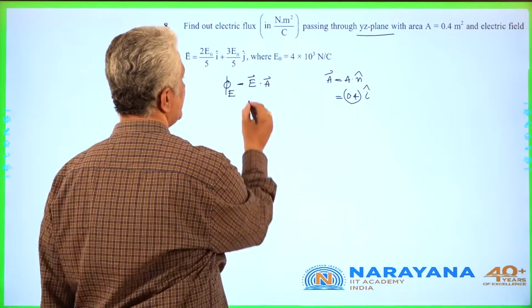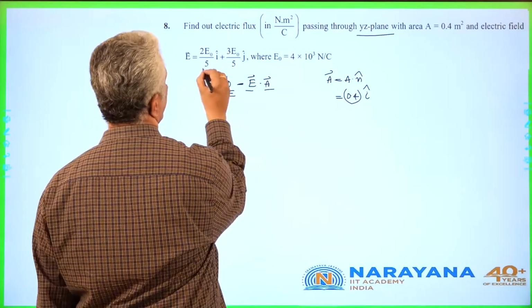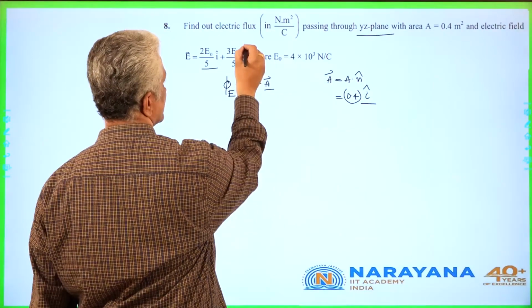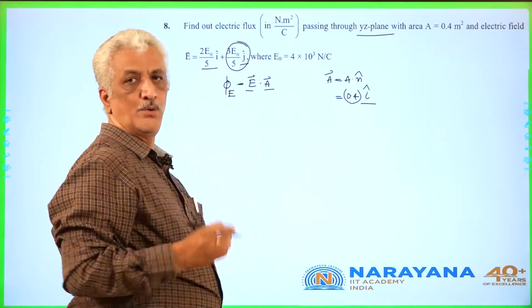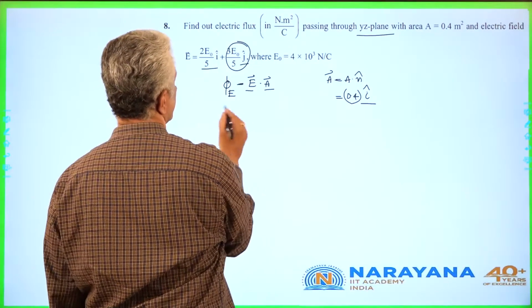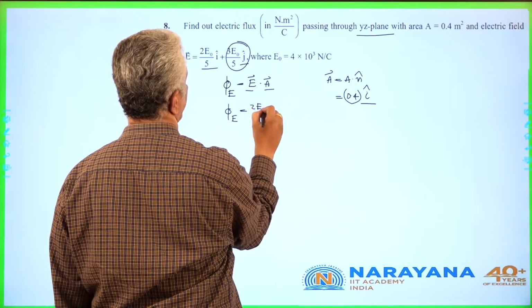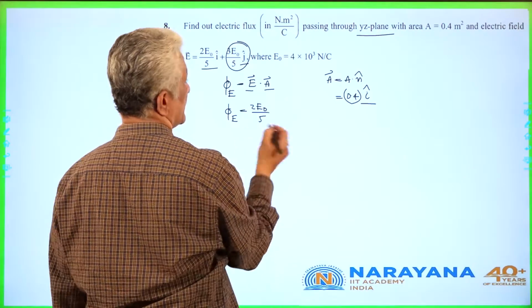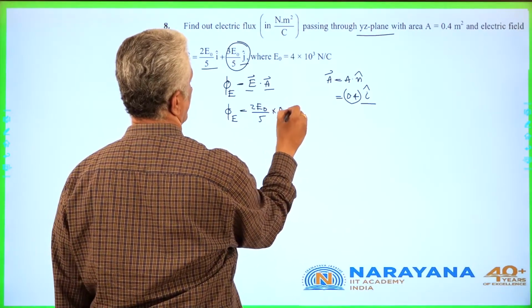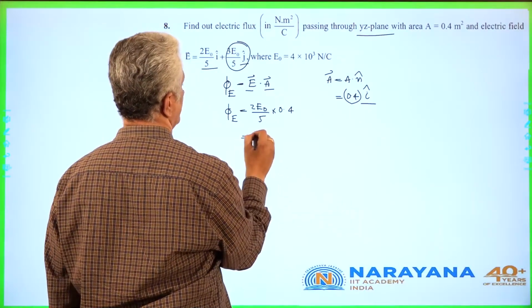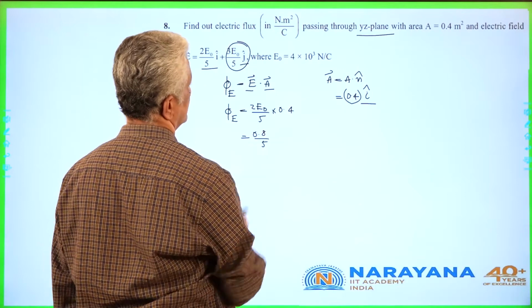Then if we take E bar dot A bar, only i dot i becomes 1 here, and i dot j becomes 0, so we don't consider this j here. Only we consider i, so the flux will be simply 2E naught by 5 into 0.4, and this is 0.8 by 5.